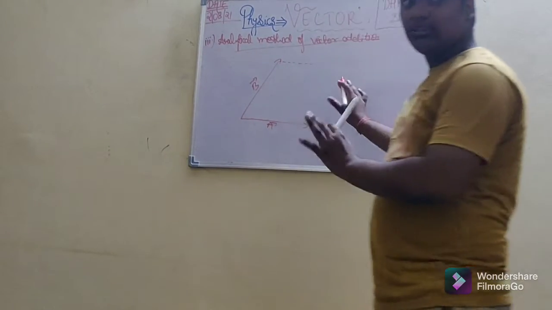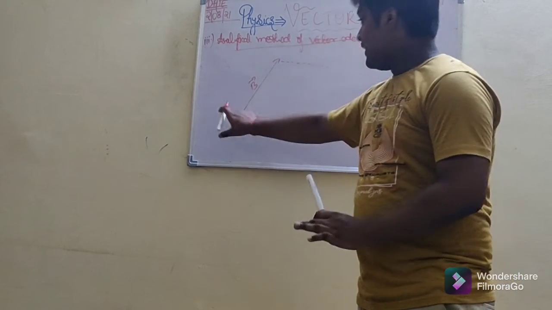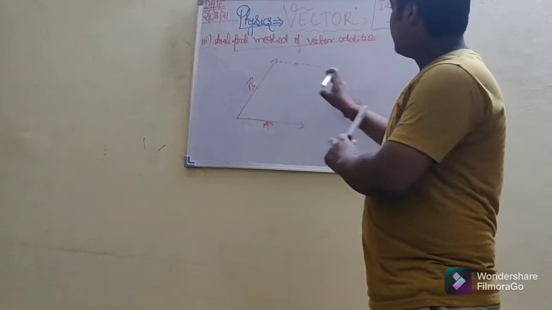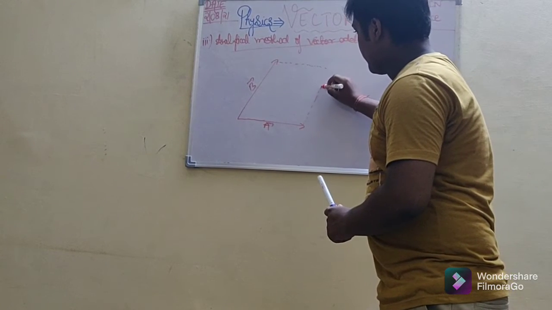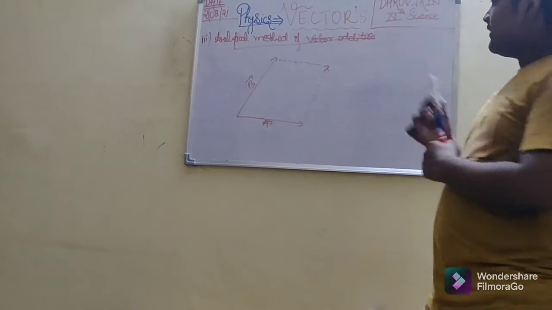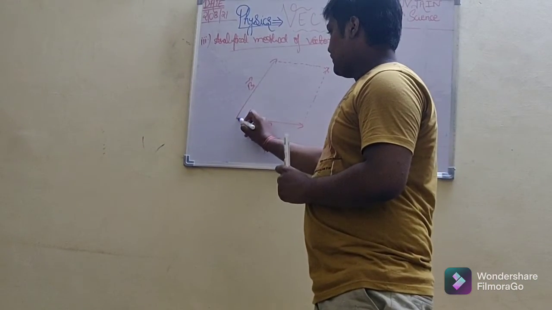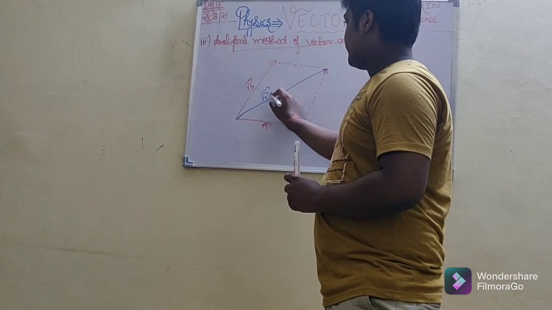Follow those steps that I have told. Firstly, attach both the tails, then complete the parallelogram. Second step is to complete the parallelogram. So I have completed the parallelogram. And what is the third step? Third step is to make the resultant. Means join the diagonal. Resultant.